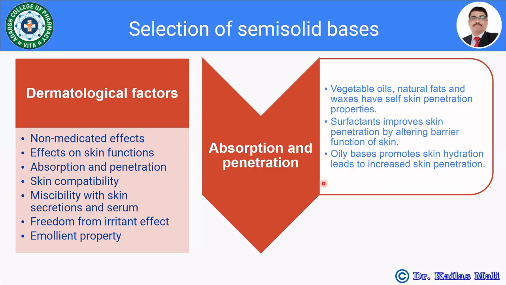Oily bases promote skin hydration and lead to increased skin penetration. So if we require good absorption and penetration of the drug, we have to think about oily bases, which promote penetration, or we have to use some penetration enhancers in the formulation.